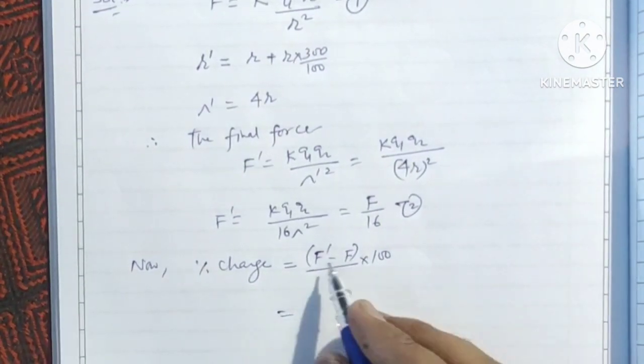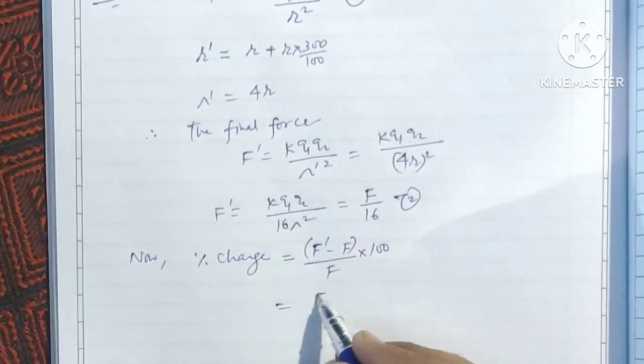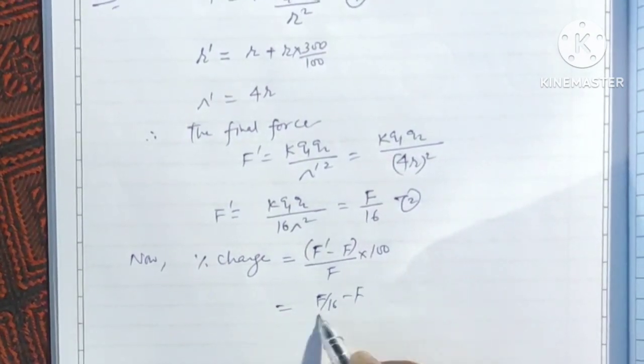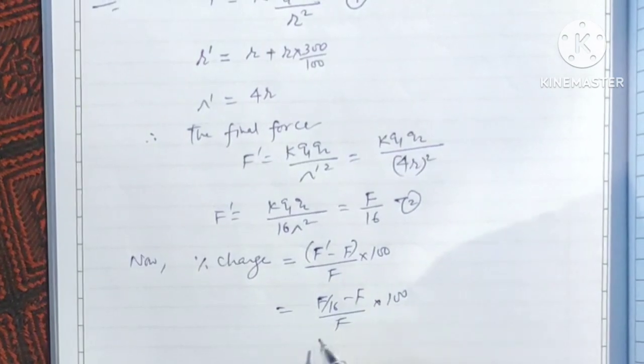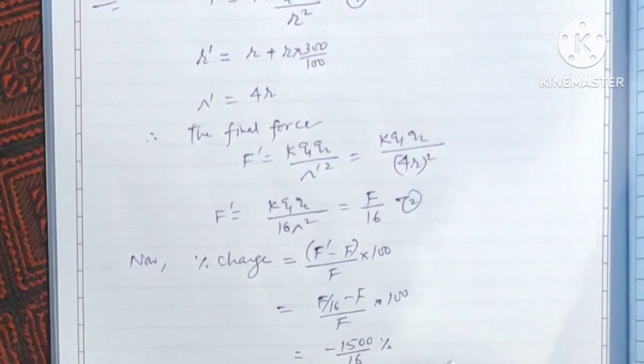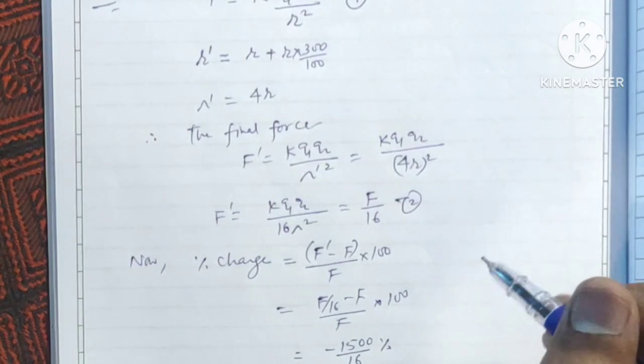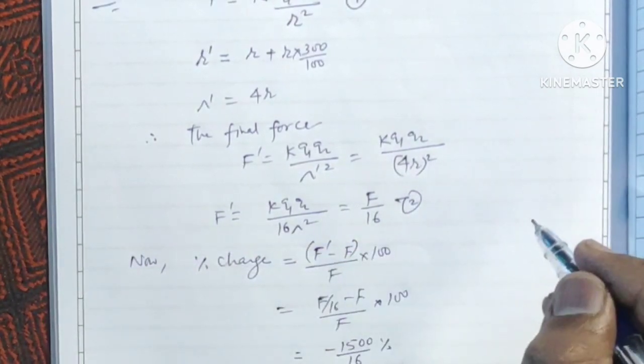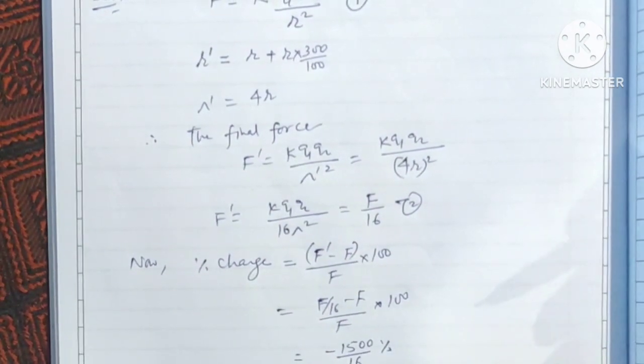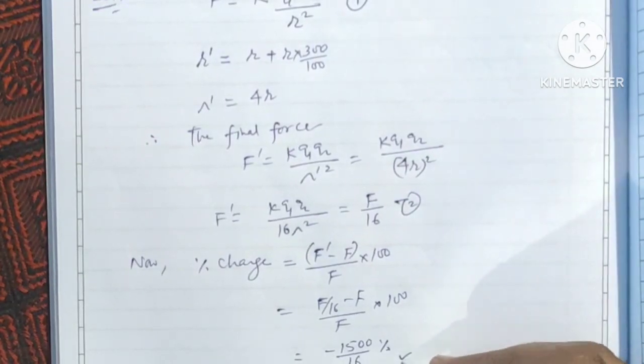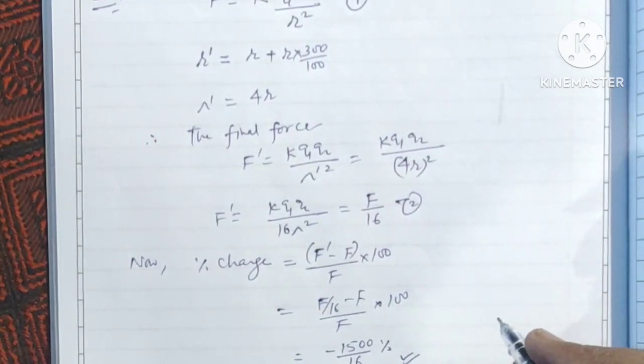Now let's substitute the value of F dash, that is F by 16 minus F divided by F into 100. So I am going to get minus 1500 by 16 percent. Here the minus sign shows that force is decreasing. Whenever you get a negative percentage change in any quantity, that simply shows a decrease in the quantity. So this is a very simple problem.